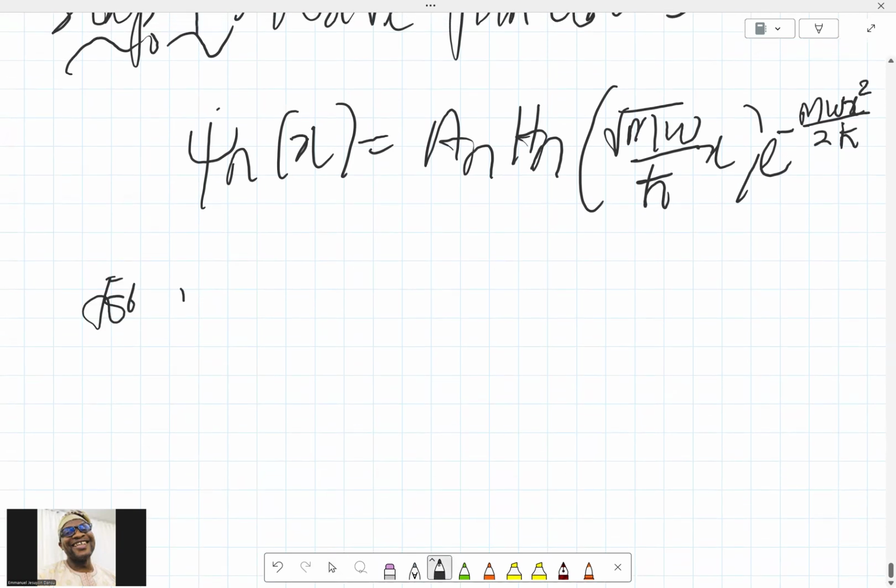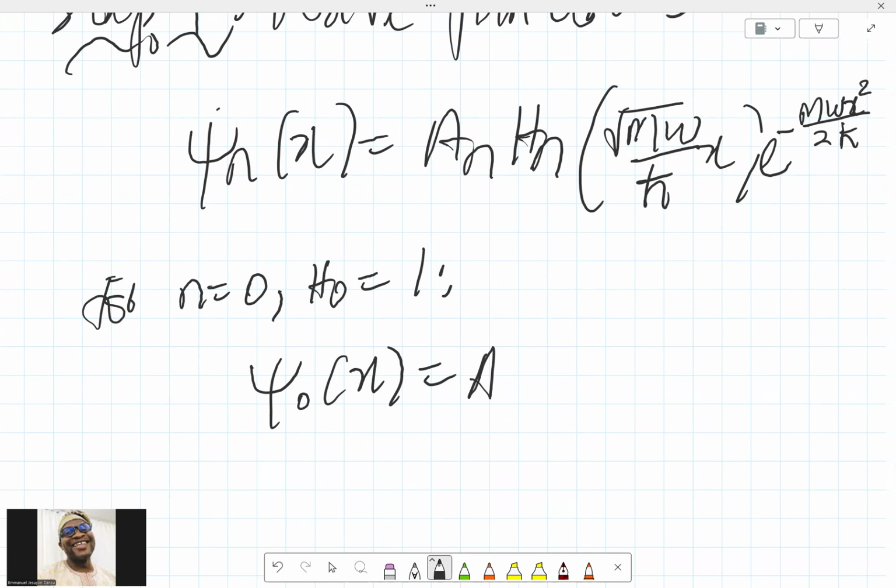For n equals 0, H naught equals 1, such that phi naught of x is equal to A naught e raised to power minus m omega x squared over 2 h bar.